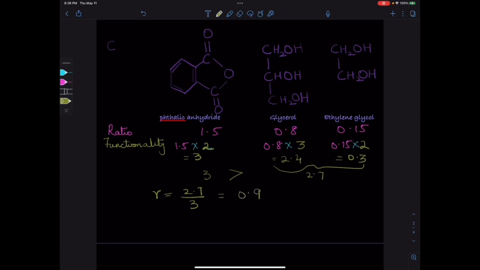Now let's find out the weight average functionalities of the carboxyl group. So FW of carboxyl group is 1.5 times 2 squared over 1.5 times 2. So this gives us 2.